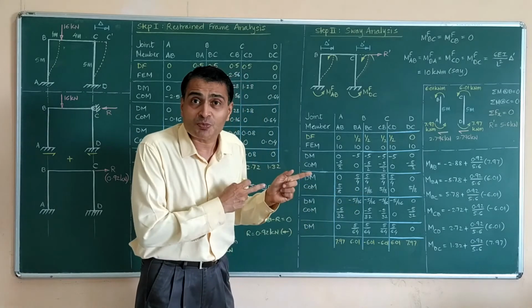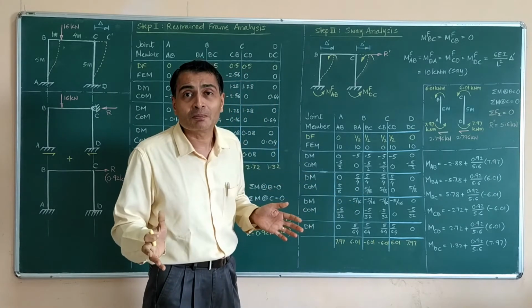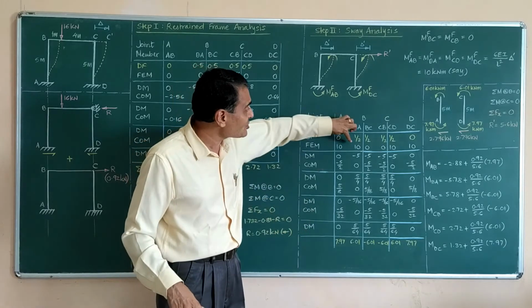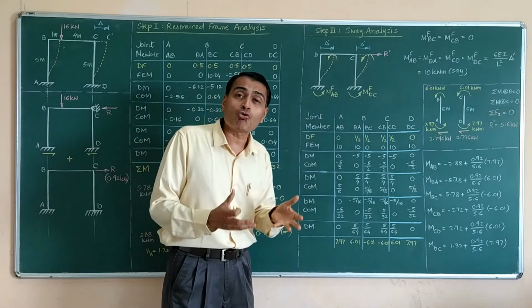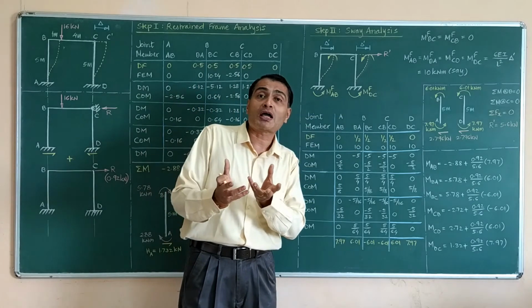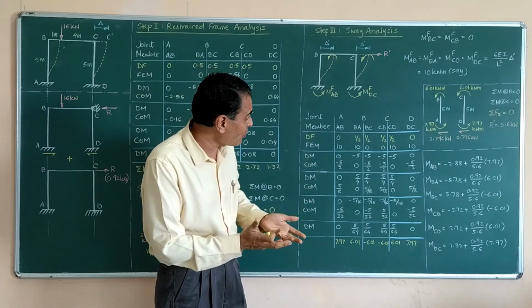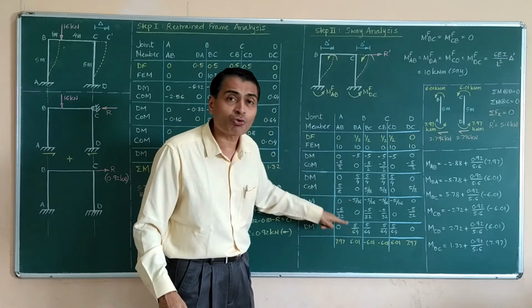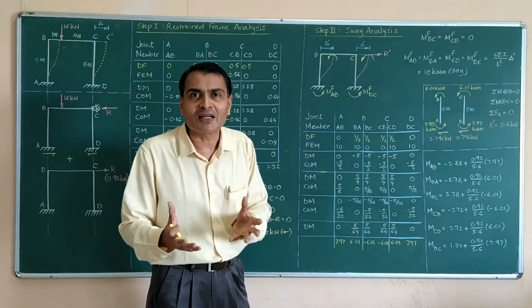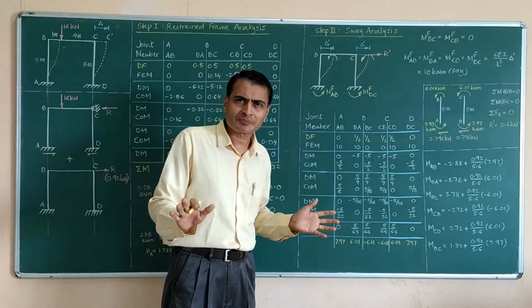For this problem, calculation is very simple. Not only that, since I start with a round figure 10, rather than writing 0.25, 0.625, 0.5, it is easy for me to write 5 by 2, 5 by 4, 5 by 16, 5 by 64, 5 by 32, things like that. It is easier, that's all.